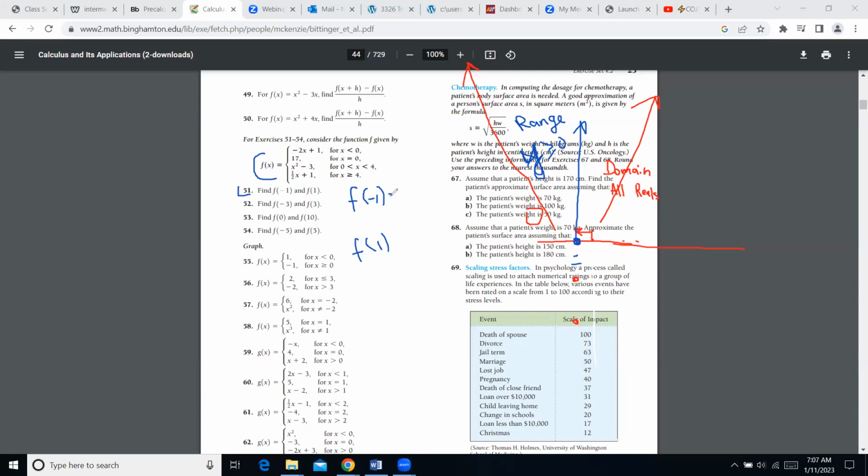And it turns out when function is given with pieces, there actually looks like 4 different functions that we are working with here. And the first thing is to figure out which one of these functions I actually have to use. So for the first part here, where we are looking for f of -1, I'm going to have to use the first piece. The reason is that my function f of x deals with f of -1.